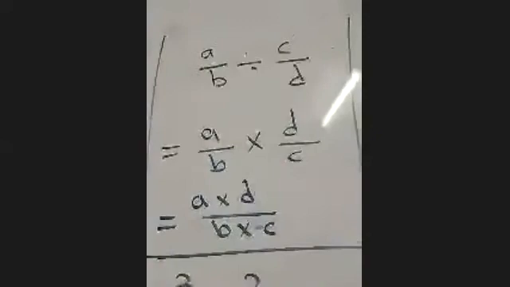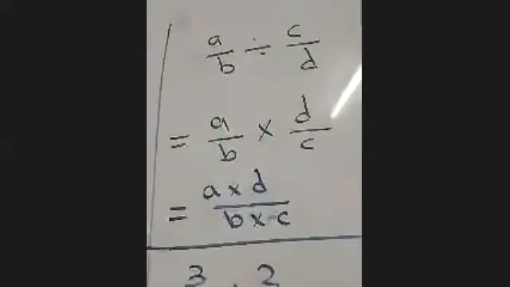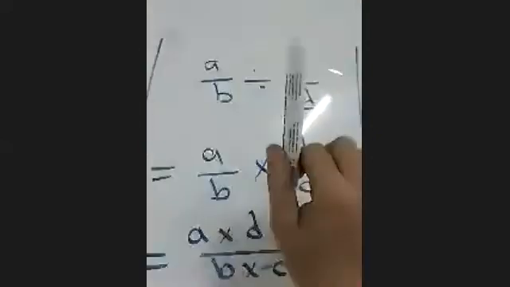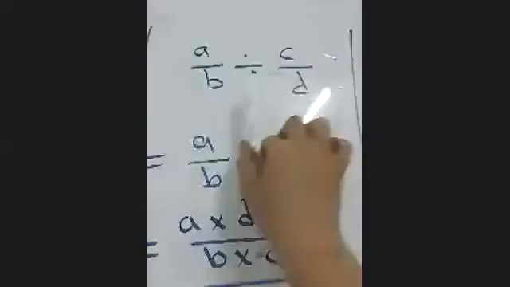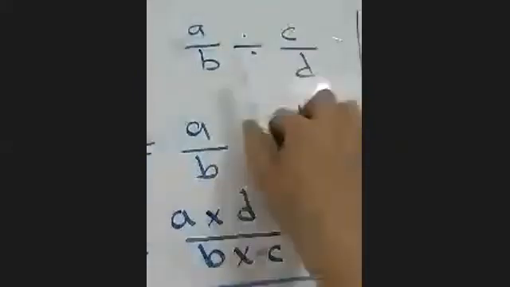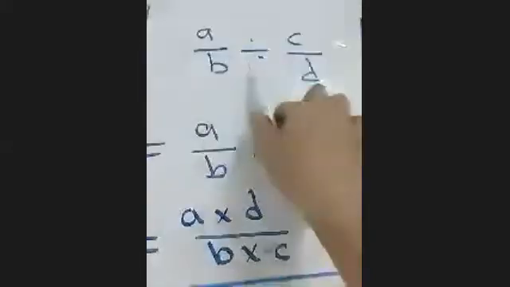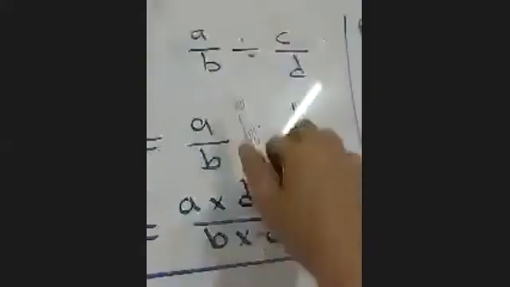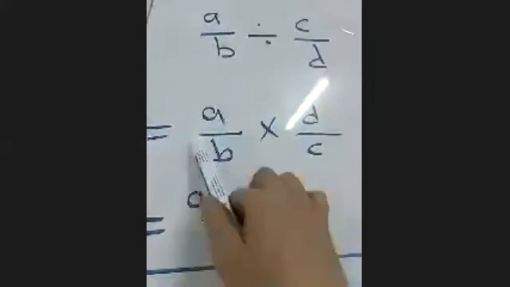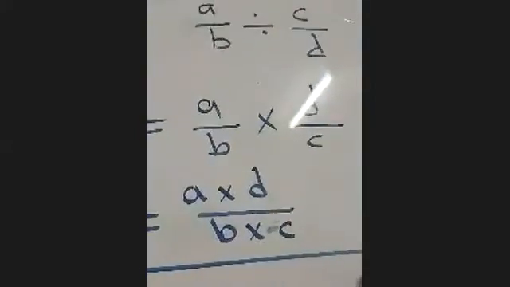If we have two fractions and between them we have division, how do we divide? The first fraction stays the same. You understand that? Yeah. Then we flip the other one.